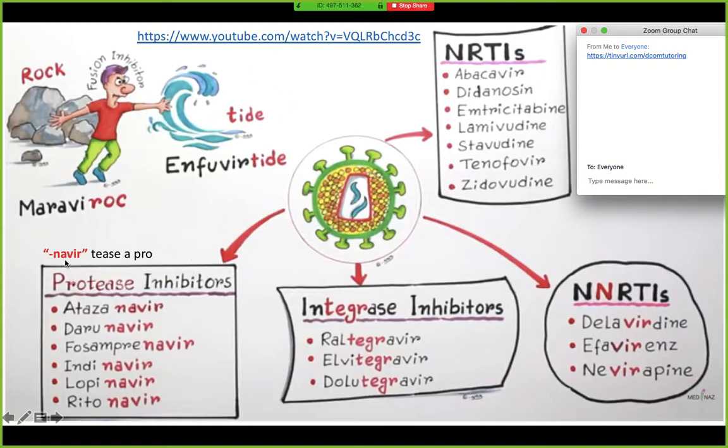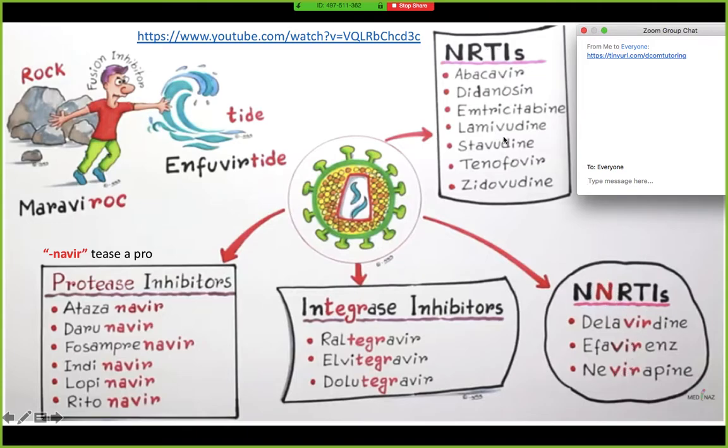Protease inhibitors: navir, or Nevertizapro. Integrase: she said in the lecture, normally people say to remember the suffix like gravir, but if you notice in the middle here, it has TEGR, which doesn't mean anything, but it might help you remember that it's an integrase inhibitor. And then in NNRTIs, there's an N in the middle, so vir is also in the middle.